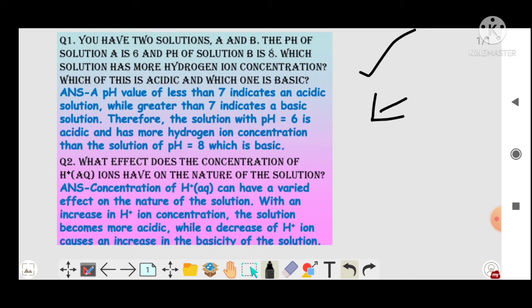The pH of solution B is 8, which is greater than 7, so solution B is basic in nature. Now, which solution has more hydrogen ion concentration? The acidic solution obviously has greater hydrogen ion concentration. So solution A, whose pH is 6, is acidic, and so it has more hydrogen ion concentration.